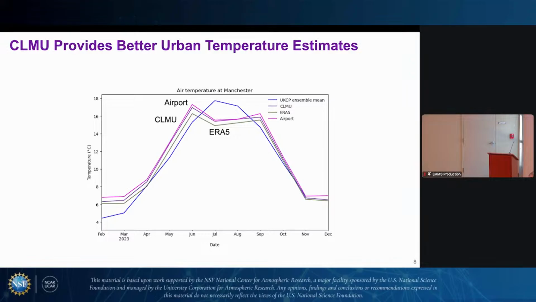We run the CLMU simulations getting the forcings also from ERA5, but the function of CLMU is that we pass the urban physics on the ERA5 source data so that you get more realistic urban processes and then higher temperatures than the raw ERA5 data. So actually I don't specifically know the answer to your question.